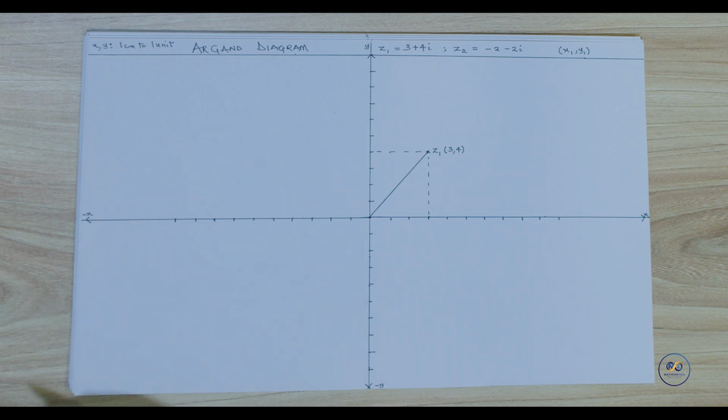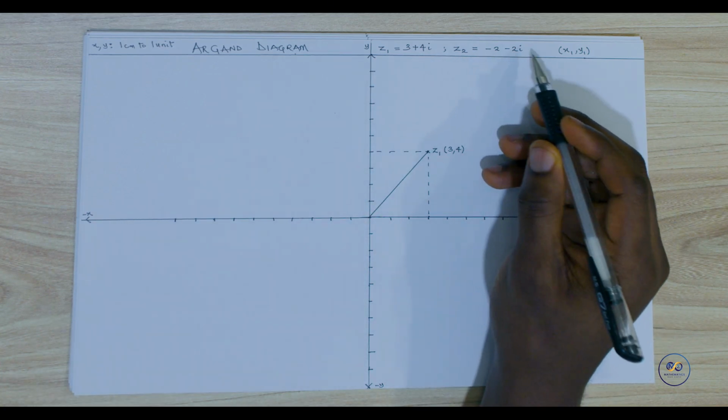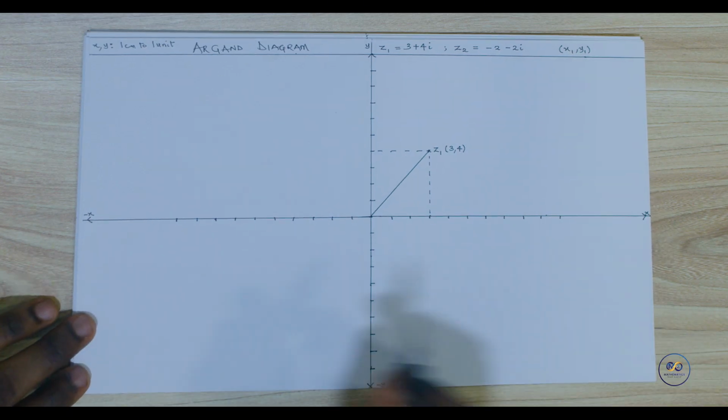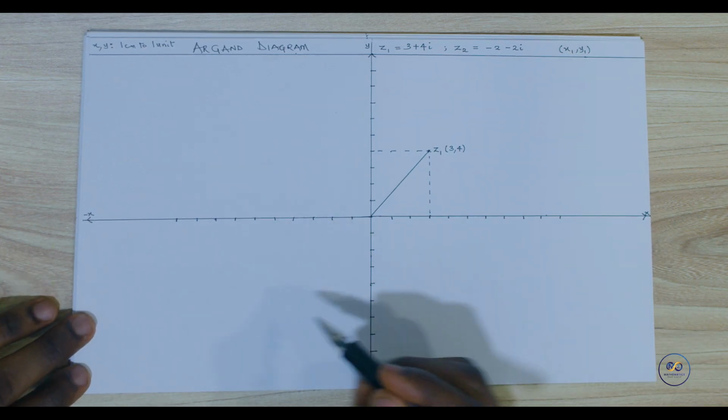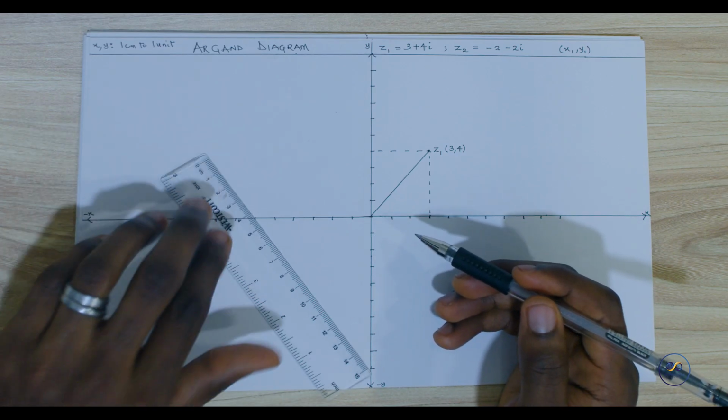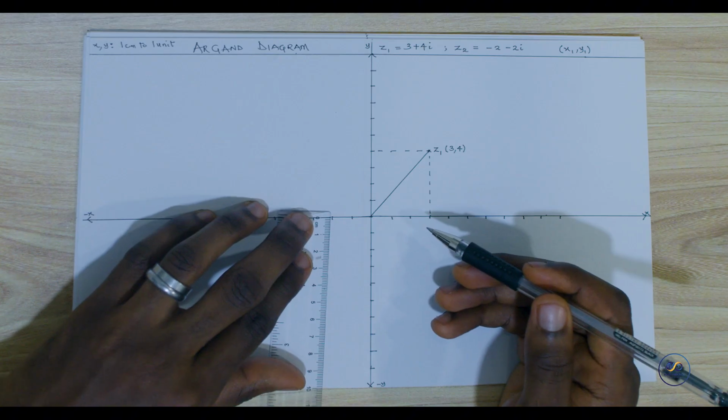Now for Z2, we have -2 - 2i. On the real part, we have -2, that's -1, -2. And on the imaginary part, we have -1, -2 as well. So we'll go ahead and plot that.